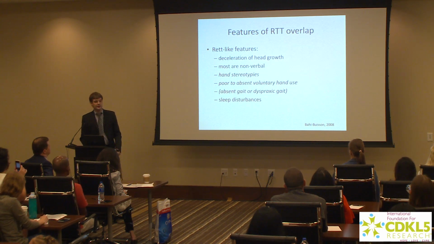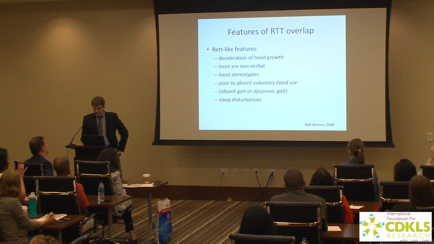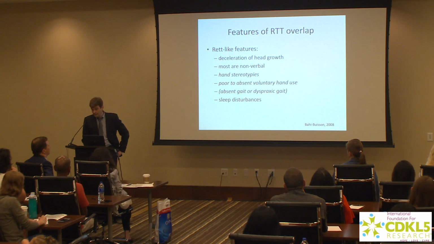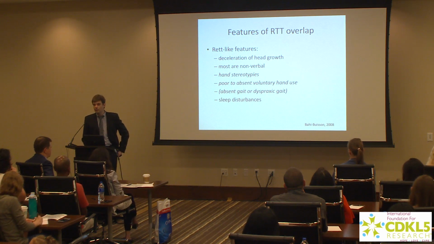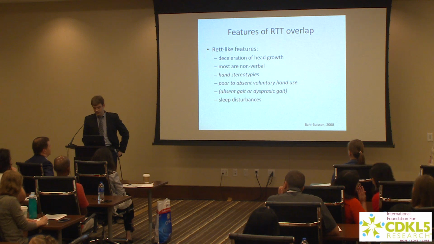So what are features that really overlap with Rett syndrome? Certainly the head size, the development of head size over time, the loss of expressive communication, but then several of the motor features parallel those of Rett syndrome.